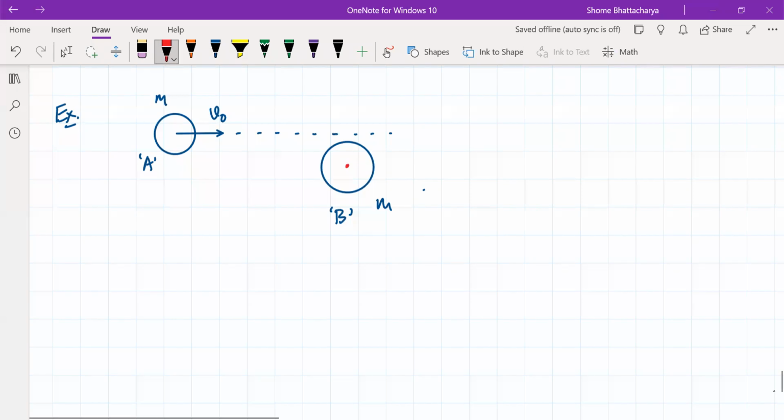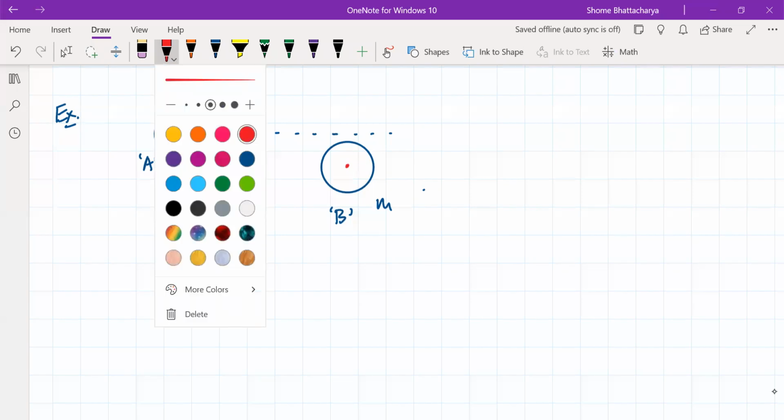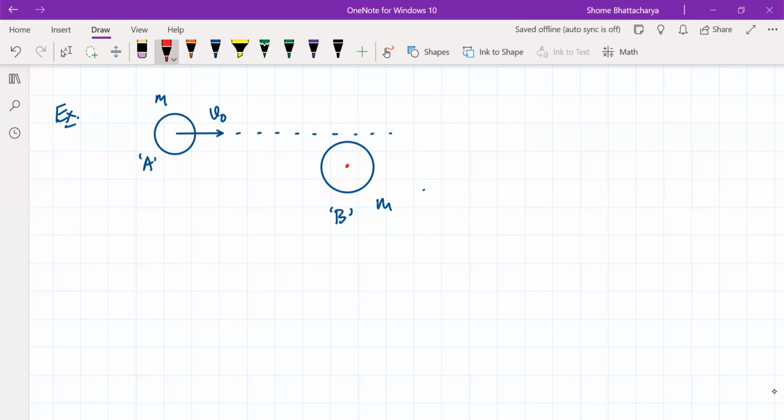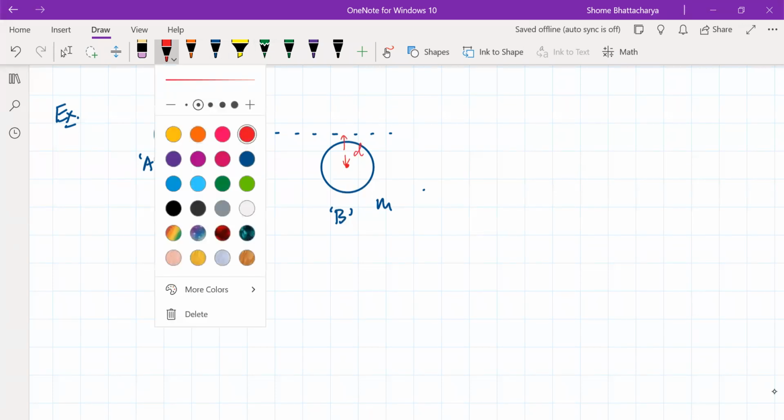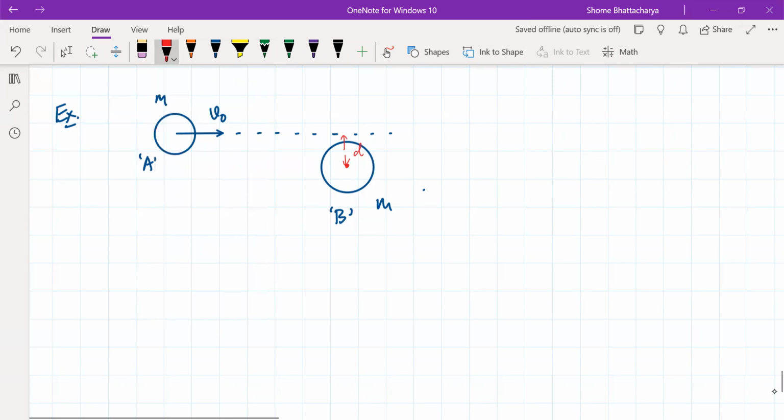Now if we draw the center of B, this line of action is at a perpendicular distance. Now that perpendicular distance is given a special name. It is called collision parameter or impact parameter.